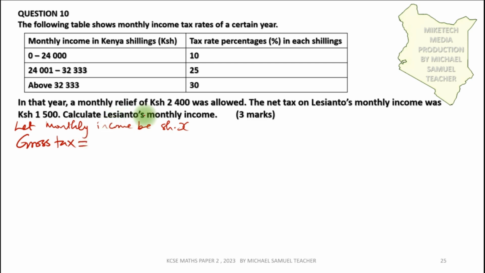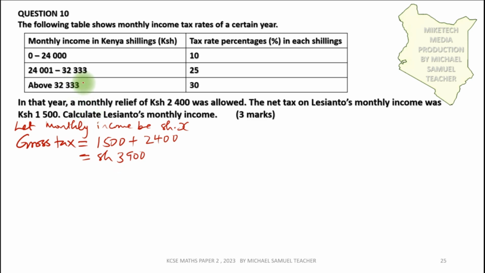You can see he has a monthly relief of 2,400. So to get the gross tax, it will be the net tax plus monthly relief. The net tax is 1,500, monthly relief is 2,400, so if we add, we get 3,900 shillings. So this is the gross tax.